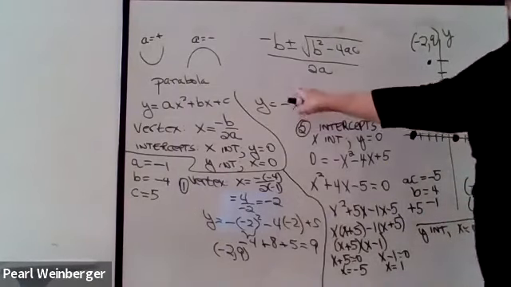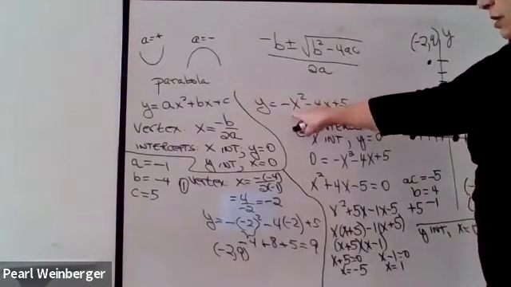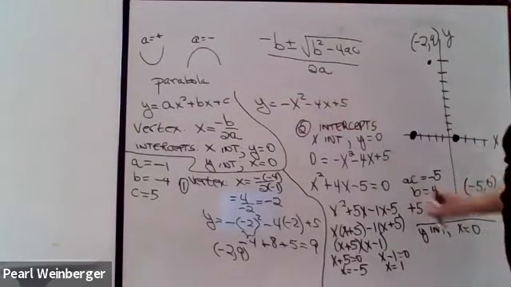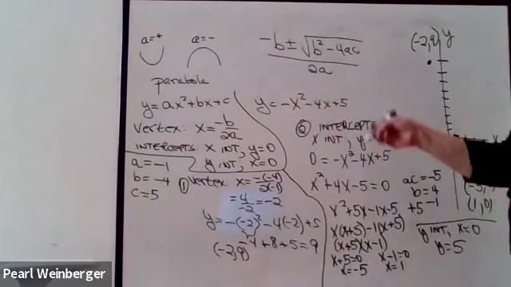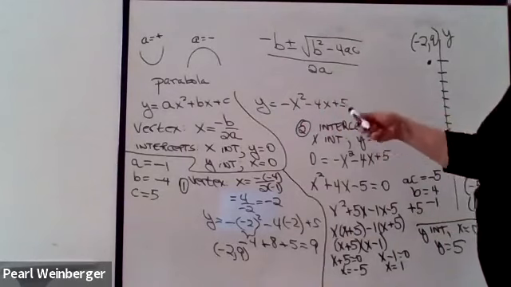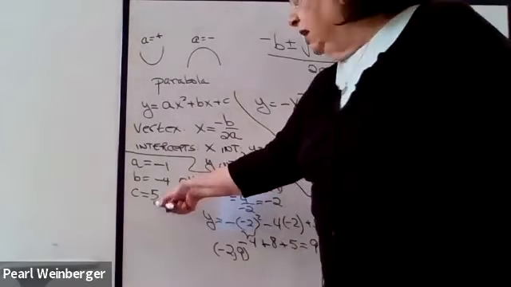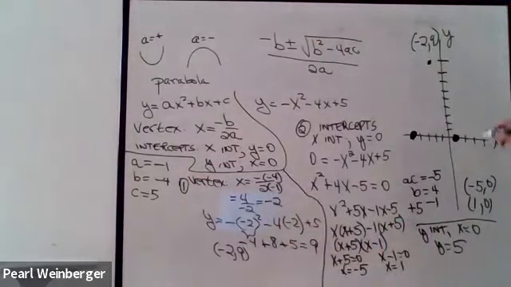If I put 0 into my equation, this is going to be 0, this is going to be 0, and I'm going to be left with y equals 5. We've also mentioned all you really have to do is look at the c value. The c value will be the y-intercept. So my y-intercept is 1, 2, 3, 4, 5 right here. Actually, it should be written (0, 5). You can either say the y-intercept is 5, but more accurate is to say (0, 5).